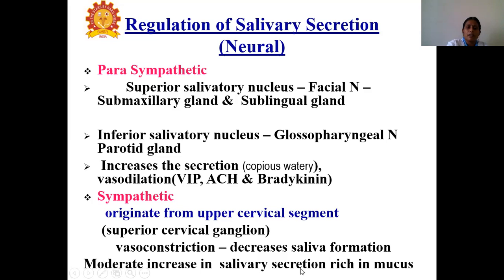Parasympathetic nerve endings release vasoactive intestinal peptide, acetylcholine and bradykinin, which increase the watery saliva and also cause vasodilation. The sympathetic system causes vasoconstriction and decreases the salivary secretion.